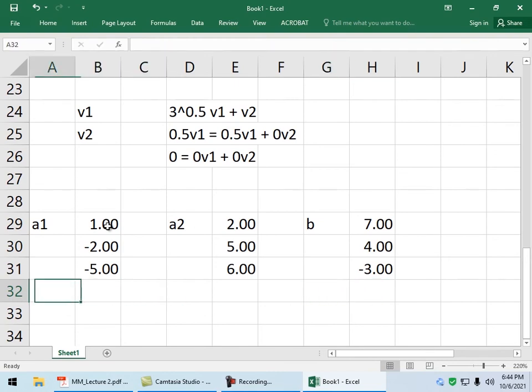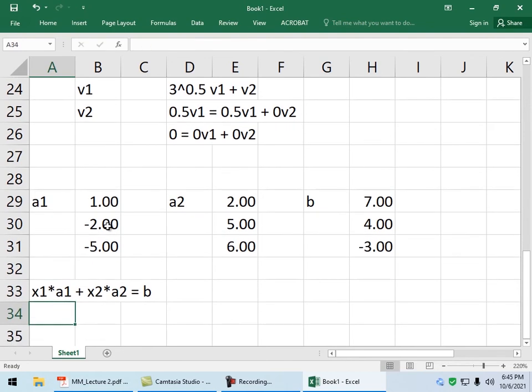We need to produce this result, x1 times a1 plus x2 times a2, and equalize it to b. That means we need to write down the vector equation with scalars inside. So let's assume that x1 is the scalar and we multiply x1 on this vector a1. What will be the result of multiplication?